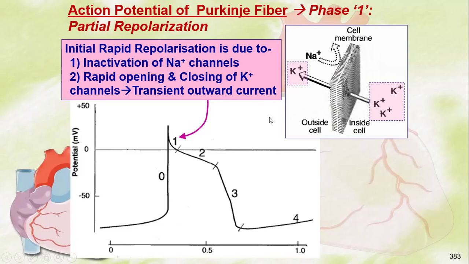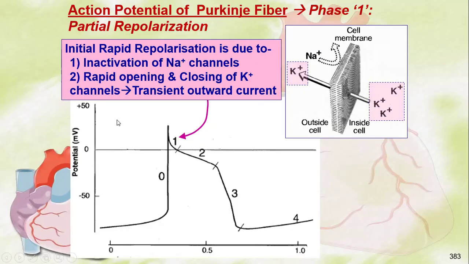So the positive charge is lost, and your action potential is going to drop. So you can see that in phase one, there is a drop in the action potential. It's happening because sodium channels are closed, potassium channels are open, and potassium is moving from inside to outside. So ultimately the cell becomes less positive, and there is a decrease in the action potential.